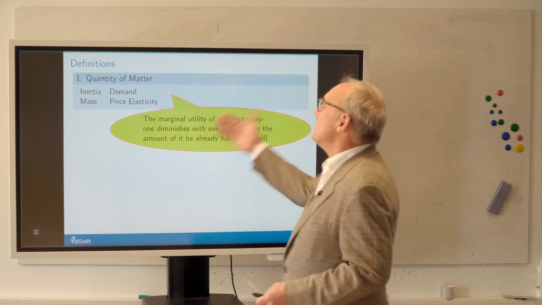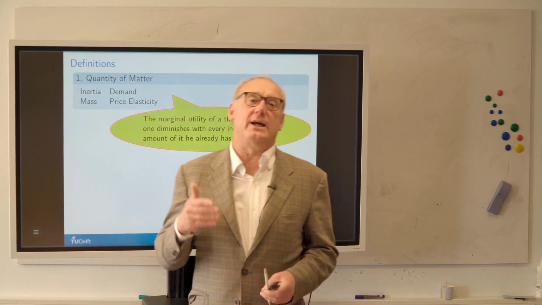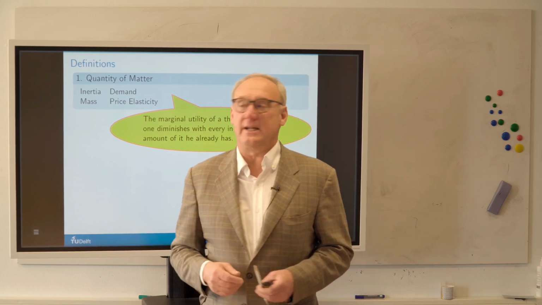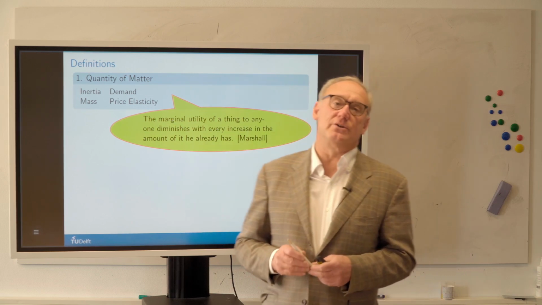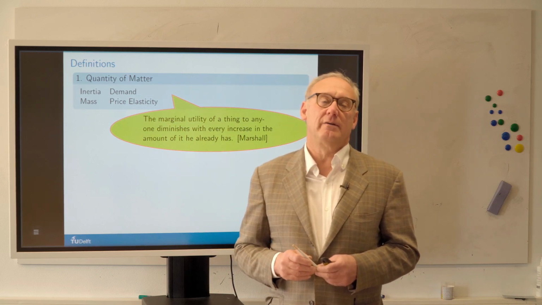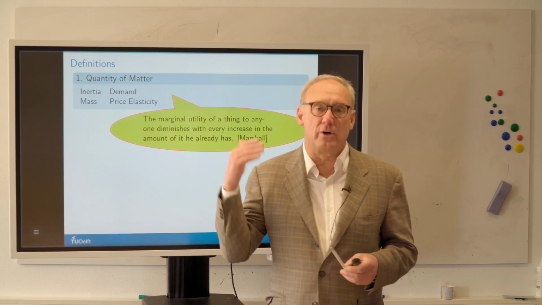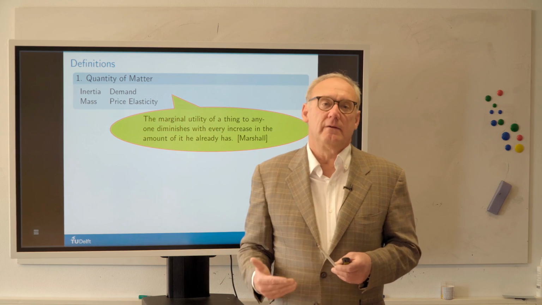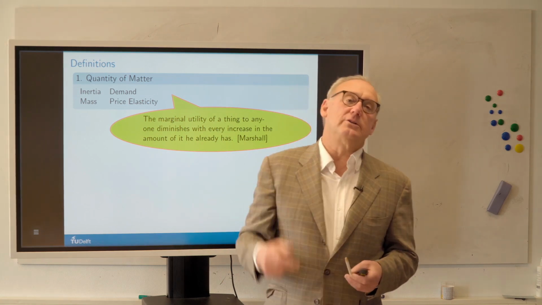So we will see that the reason the price elasticity is always a positive constant is because of what they would call the law of diminishing marginal utility. It is a fact that the more you get of something, the less you like it. One apple, you're willing to pay a lot.